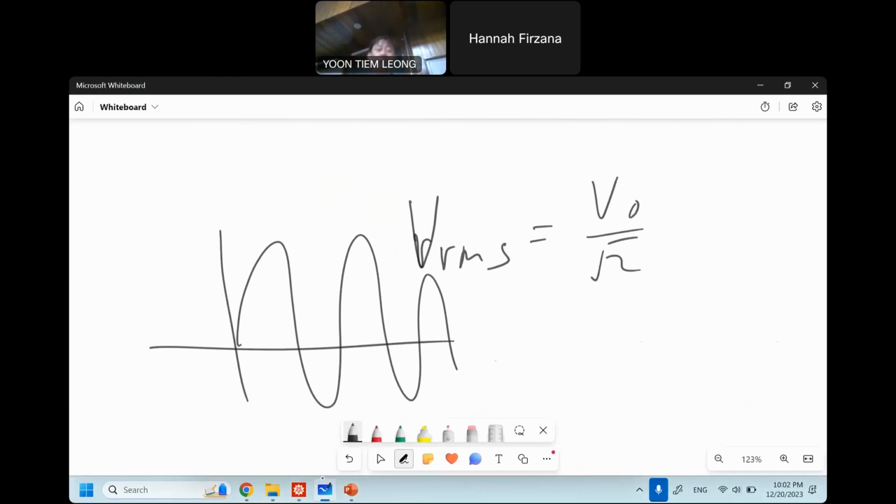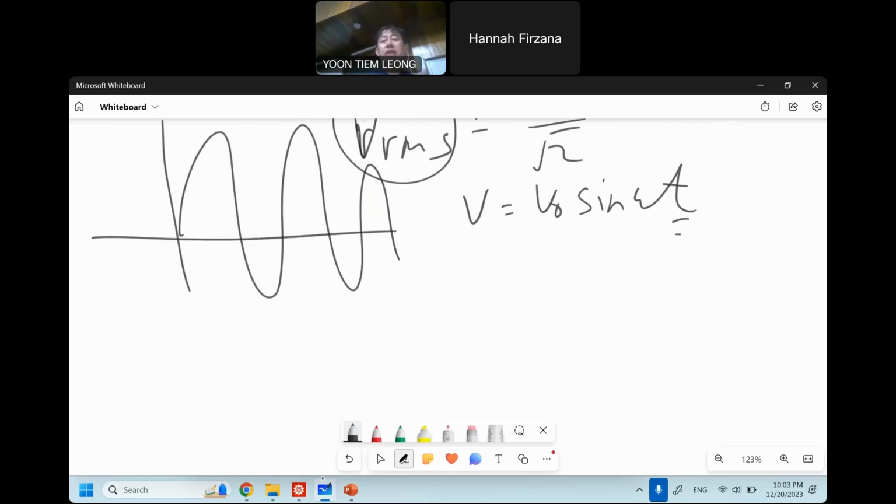So the definition of the root mean square value is actually derived from this definition, where you assume your sinusoidal function is like this. When you change with respect to time, you calculate the average value of the function for a full period.